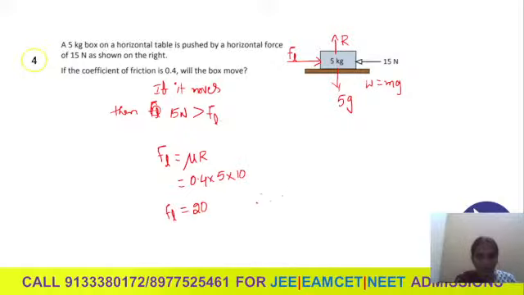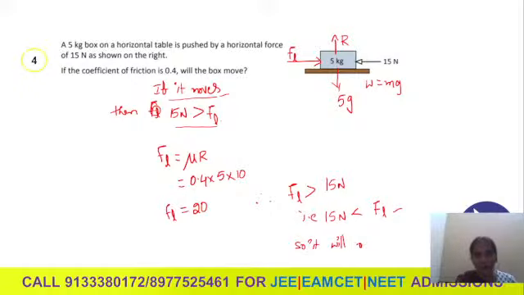So Fl is greater than 15 newtons, that is, 15 newtons is less than Fl. So will the box move? If it moves, this is the condition. But 15 newtons is less than Fl, so it will not move.